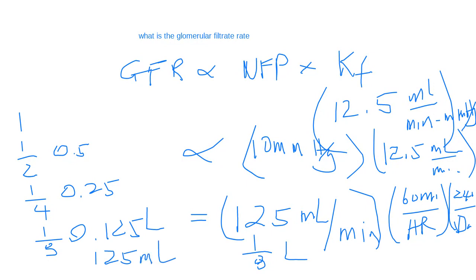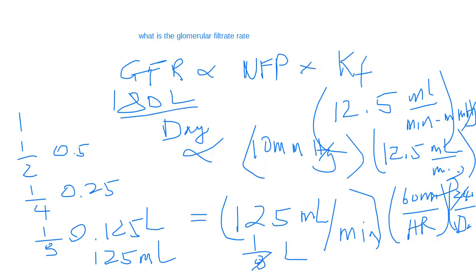So if you take 1/8 of a liter times 60 times 24, this goes into 3 times. So you're making 180 liters a day, roughly 200 liters a day. Now, do you void 200 liters a day?